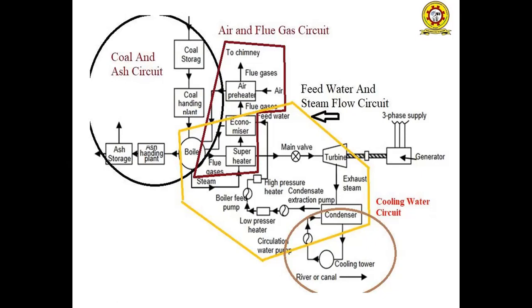In the open system, the water comes from a river or canal. In the closed system, the heated water from the condenser is cooled and made up with some additional cooling water, and some heat loss occurs in the closed system. So in steam power plants, we are using closed system cooling tower systems.